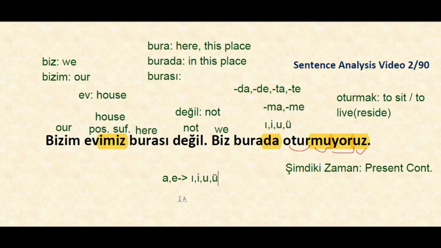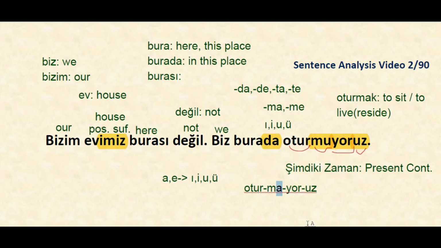So normally that was oturma, or with other verbs, according to vowel harmony, we can also use me. And when we want to add yor after this ma or me, normally this would be otur, ma, yor, uz. Because it is hard to pronounce this oturmayoruz in this way, we change it to another vowel, and the vowels can be ı, i, u, ü. The vowel we can change for this a can be ı, i, u, ü, and we check the previous vowel to decide which one to use.